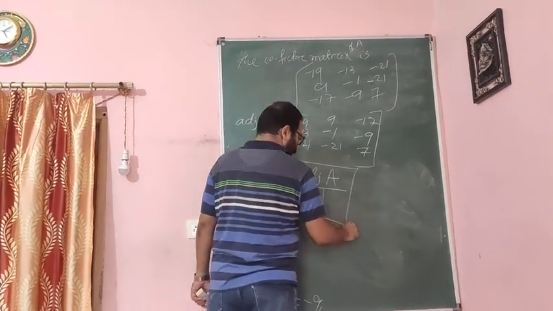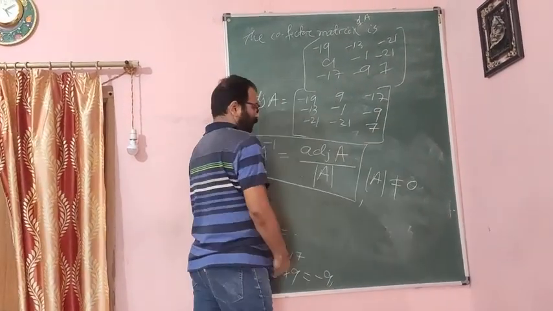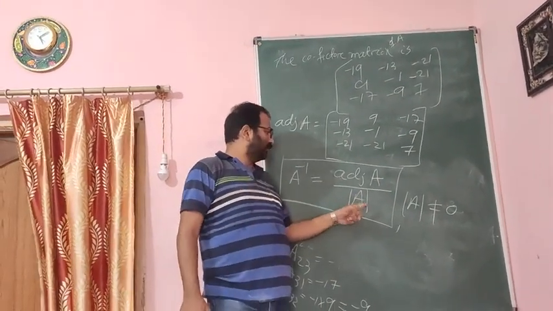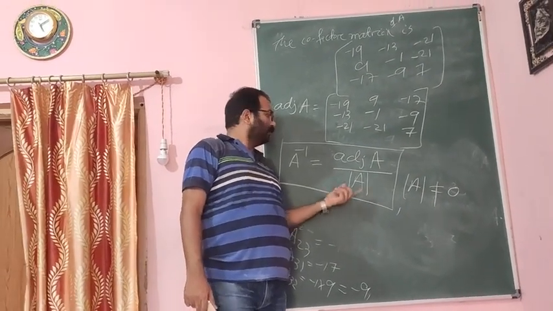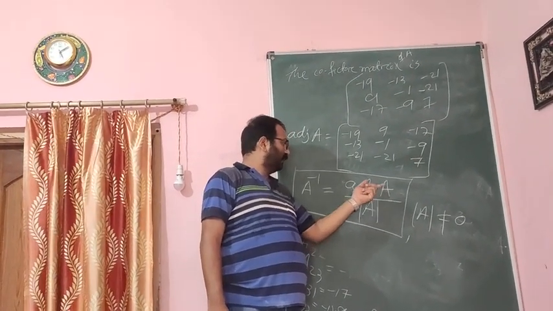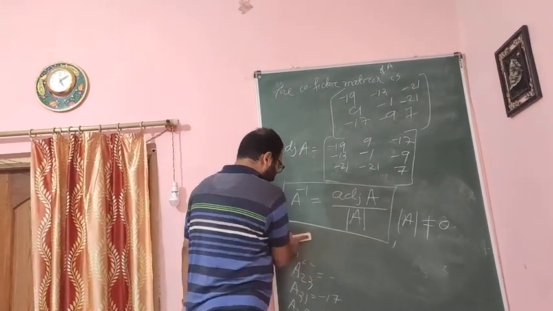But the provided condition is that the determinant is not equal to 0, very much important. If the determinant of A is equal to 0, it cannot be defined. So the determinant of A must be not equal to 0. That is very much important.